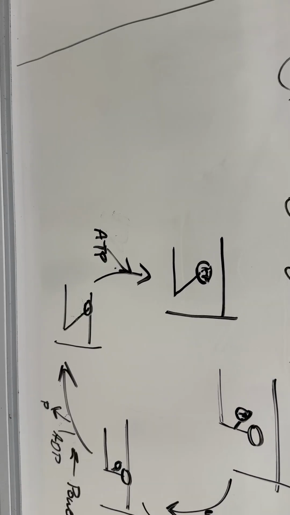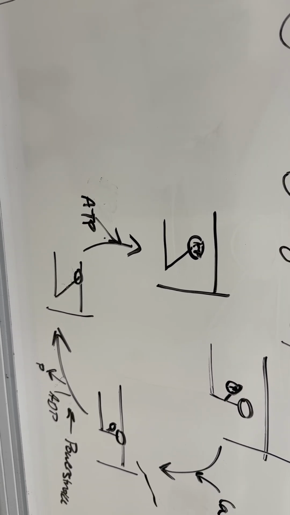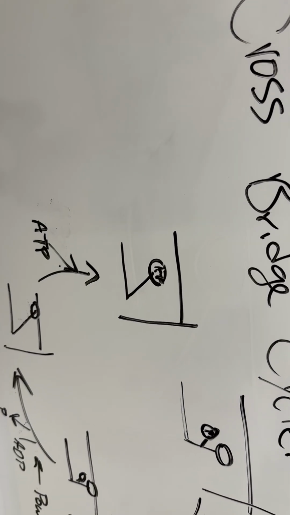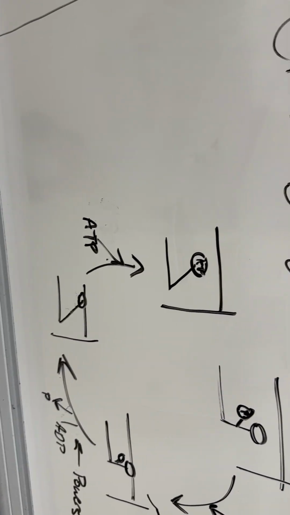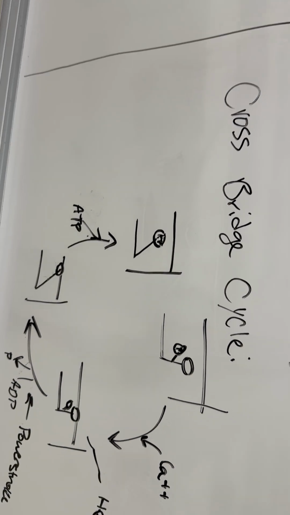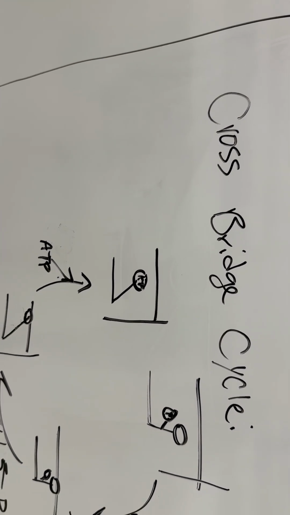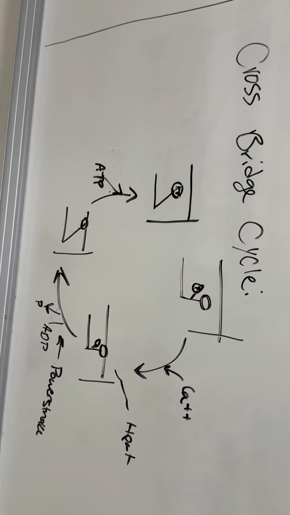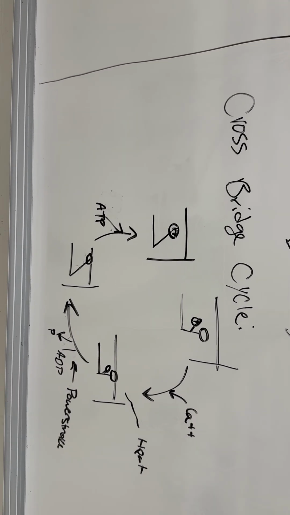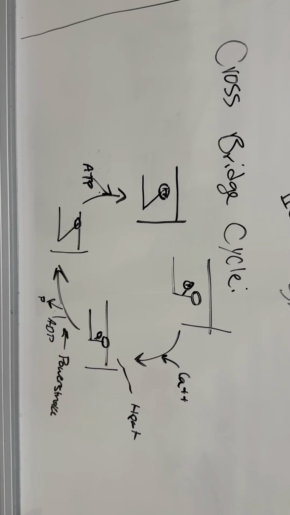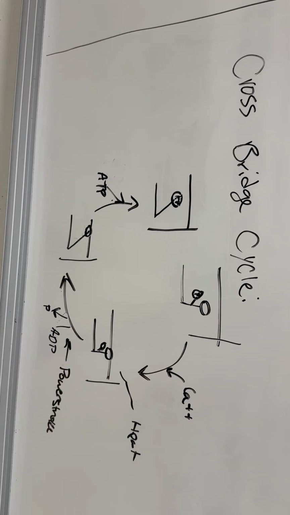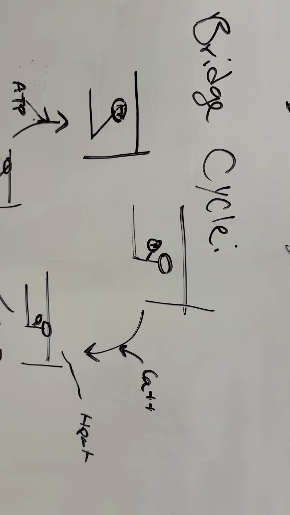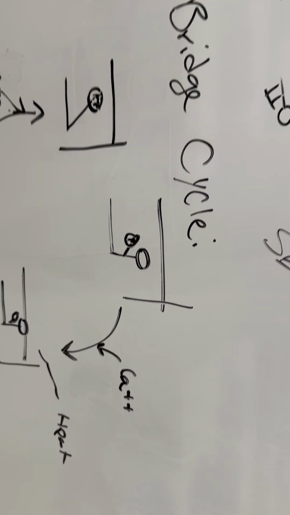And then, because we don't just want to bind once, right? Those myosin heads have to keep moving, keep shortening, keep binding. So we have to add ATP in here to get that myosin head to dissociate from the actin. And then what happens is, since the myosin head has ATPase activity, it's going to take that ATP and put it back into phosphate and ADP, and then we get back to our resting state.